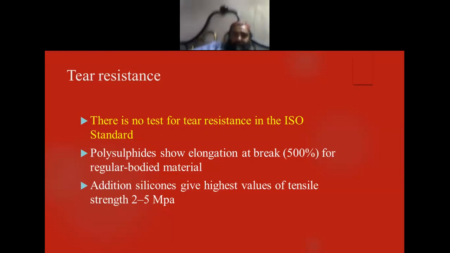Polysulfides show elongation at break, that is 500% for regular bodied material and 700% for, now it's up to you, how many know what percentage 700% is for which material. Addition silicone gives highest value of tensile strength, that is 2 to 5 megapascal.